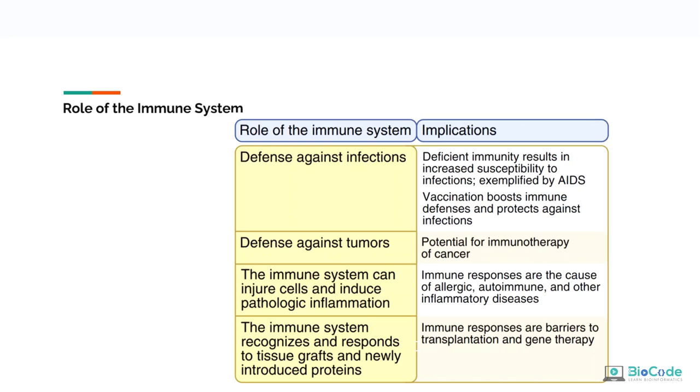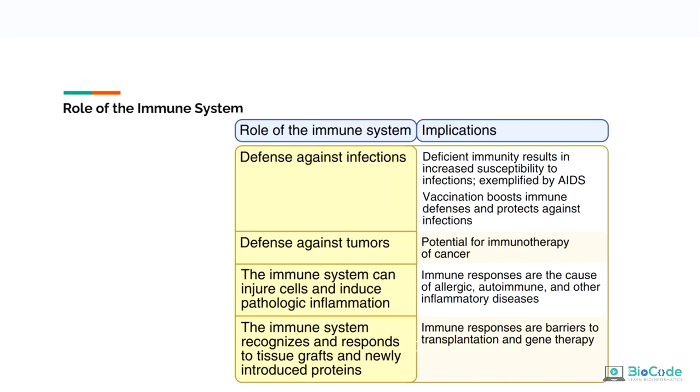The immune system has a role in defense against tumors, and there is potential for immunotherapy of cancer. The immune system can injure cells and induce pathologic inflammation.